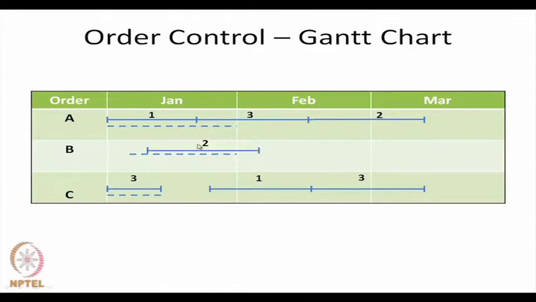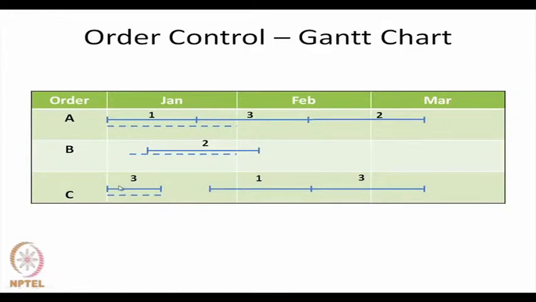This line says that machine 2 was available, and therefore work on order B started on this machine sometime in the first week of January, and the work is continuing on machine 2 for order B. This is saying that machine 3 took up the work on order C as scheduled, and the work was completed as scheduled.